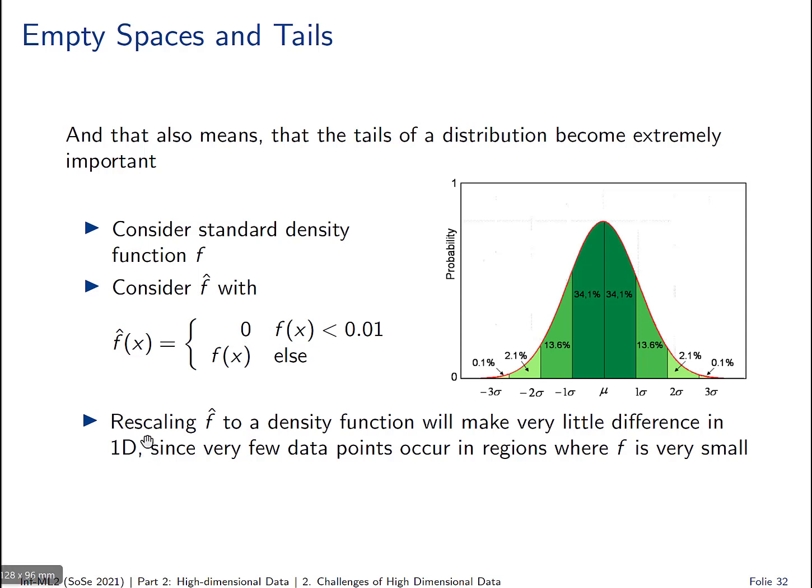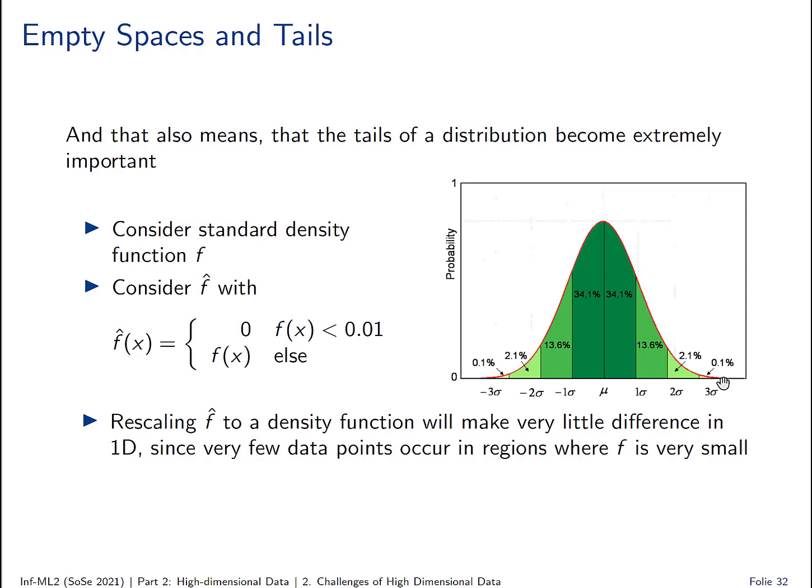Yeah. So if we rescale f hat to a density function, that will make very little difference in 1D, obviously, because we just cut out the things which are below 0.01, which is somewhere here maybe, and somewhere here.